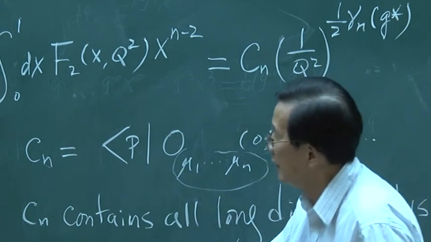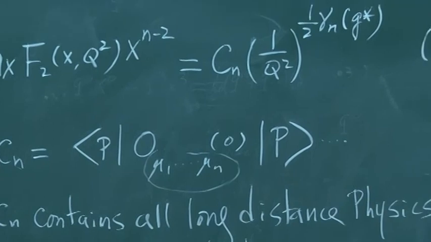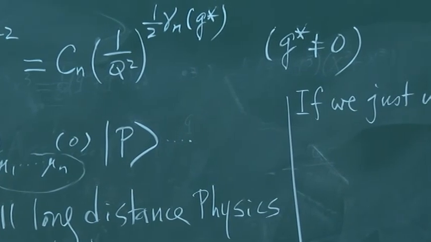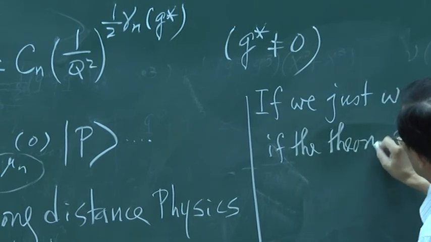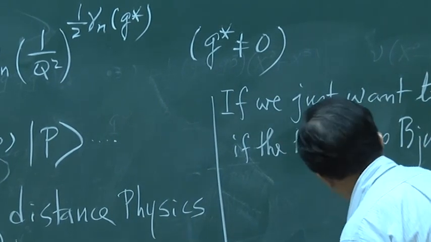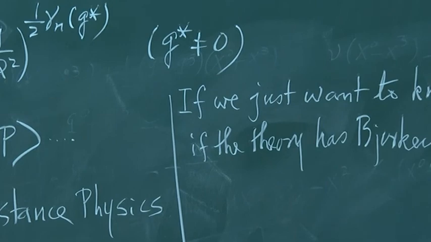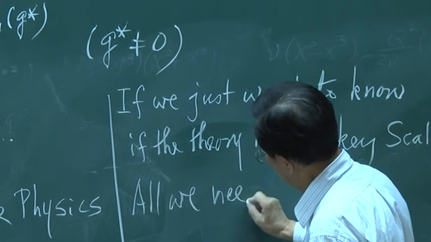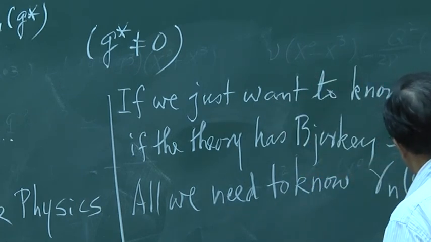Anyway, if we want to know if the theory has Bjorken scaling, all we need to know is gamma n and g star.